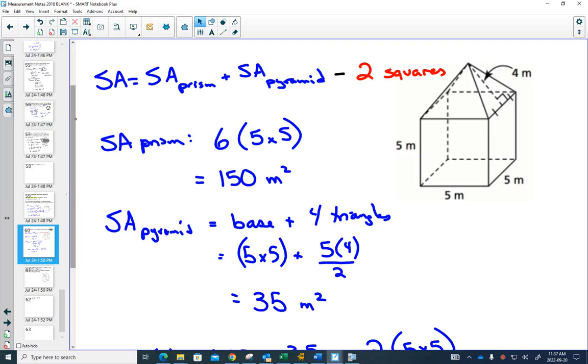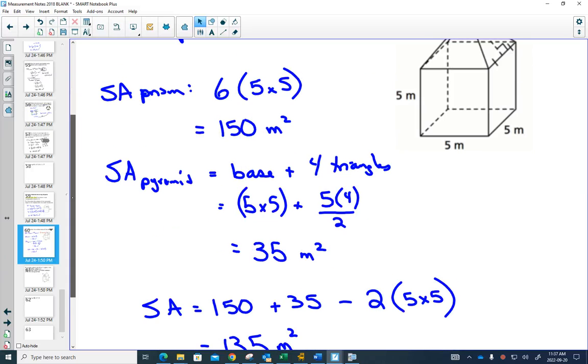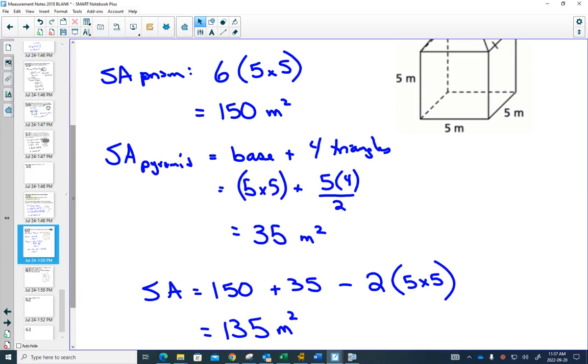So depending on the situation, there may or may not be better ways to go about it. Yeah, 1 square is 5 times 5, but I have to take off 2 of them because there's a square missing at the top and the square missing on the bottom of the pyramid.